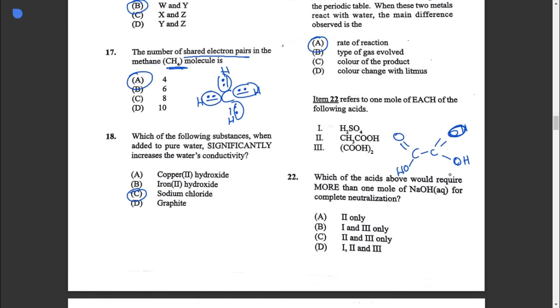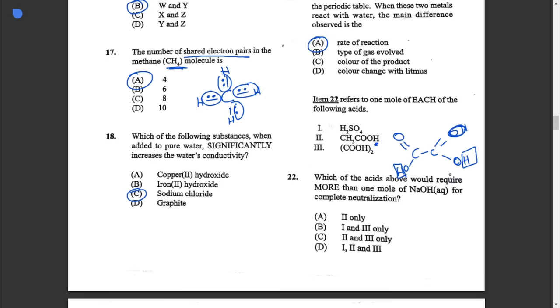You see that 1 mole of oxalic acid can release 2 moles of H plus in solution. Sulfuric acid can also release 2 moles of H plus in solution per mole of sulfuric acid. Vinegar can release 1 mole of H plus for every 1 mole of vinegar.